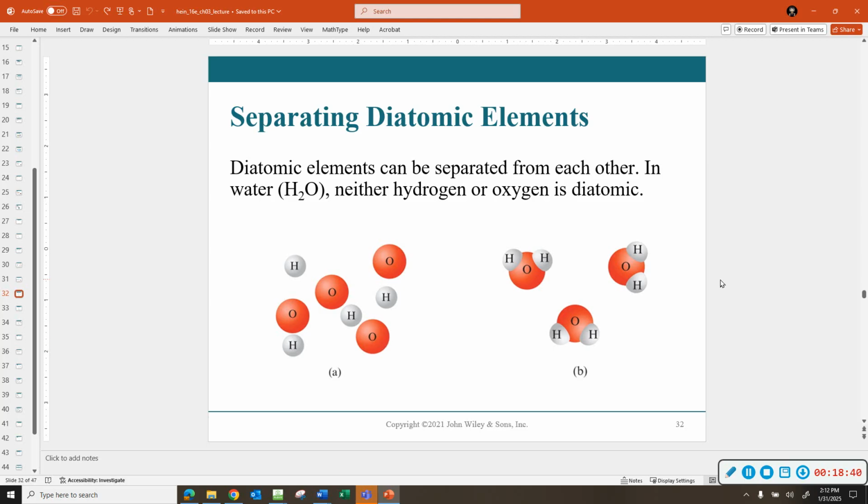They can't exist on their own. Like, we can have individual atoms of iron or copper floating around in a solution, but the diatomic elements cannot just be by themselves. They have to either be bonded to each other or they seek to bond with other elements to be stable.